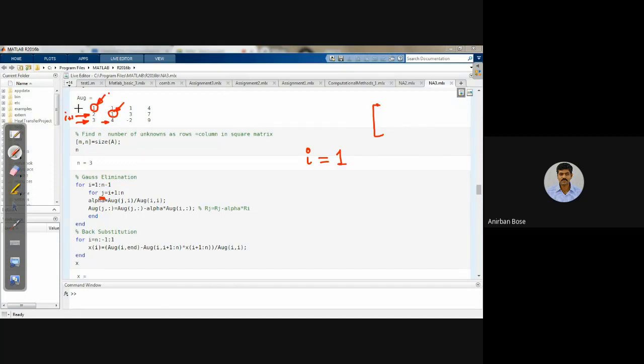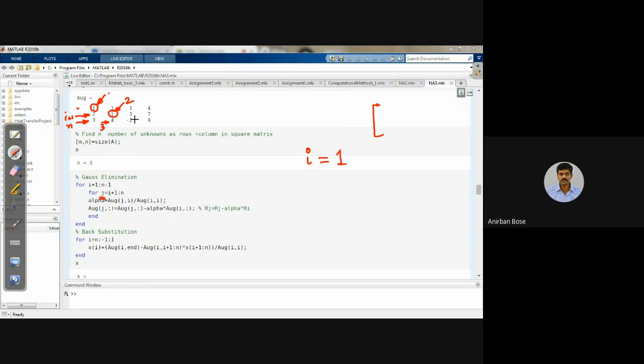That means j will start from row number 2, and it will go up to n number of rows. When i is equal to 2, where will j start from? j will start from 2 plus 1, because j will start from the third row, just below that, and it will go up to n number of rows.